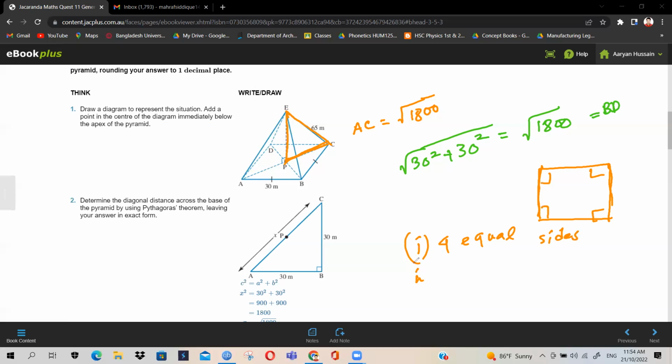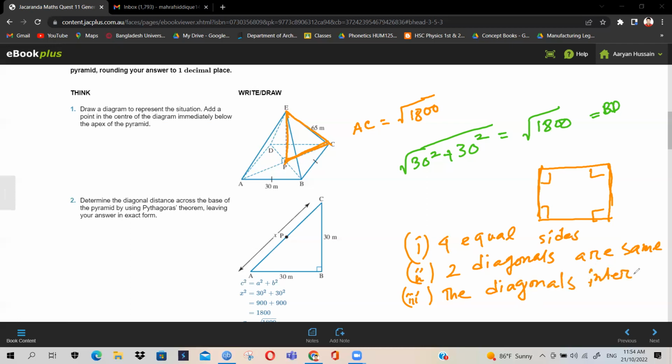Now the two diagonals are the same. Another property is that the diagonals intersect at half.